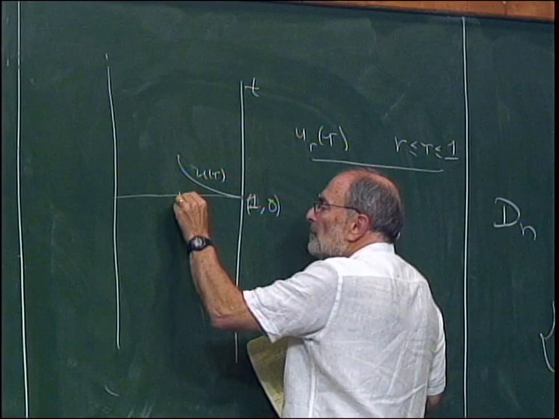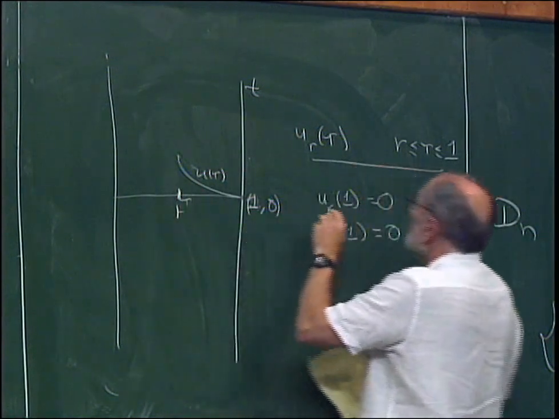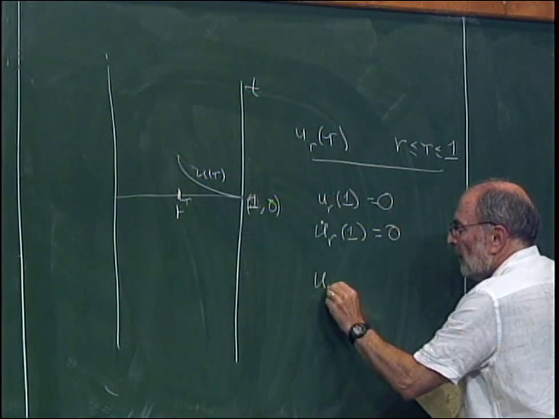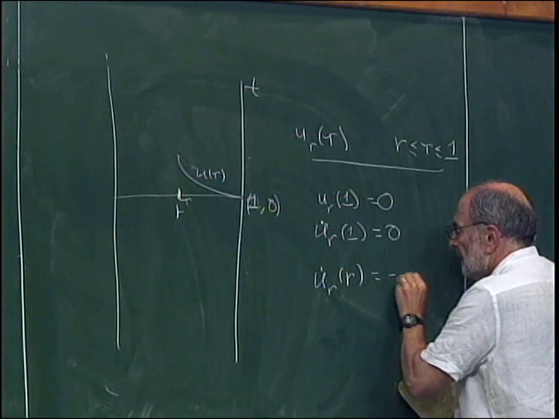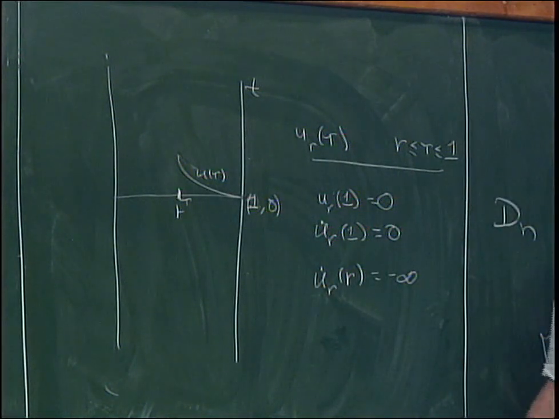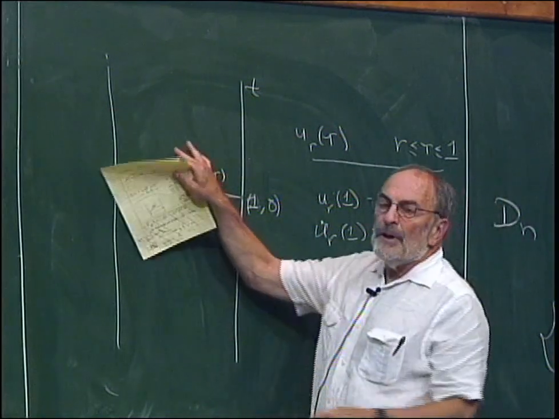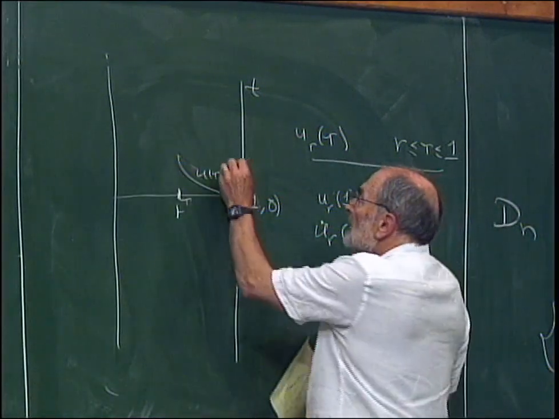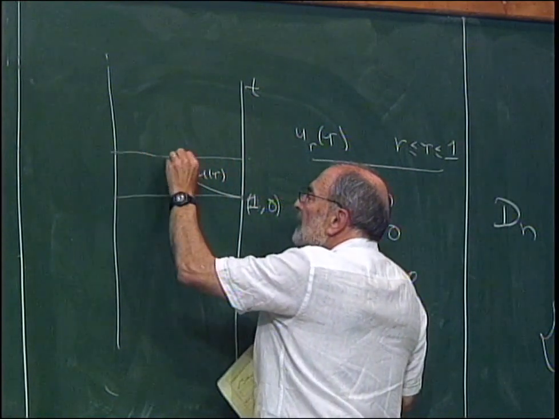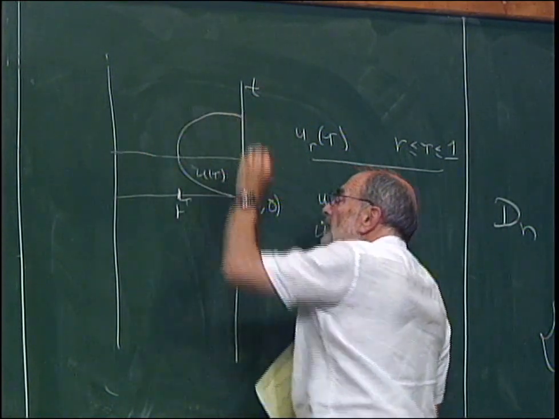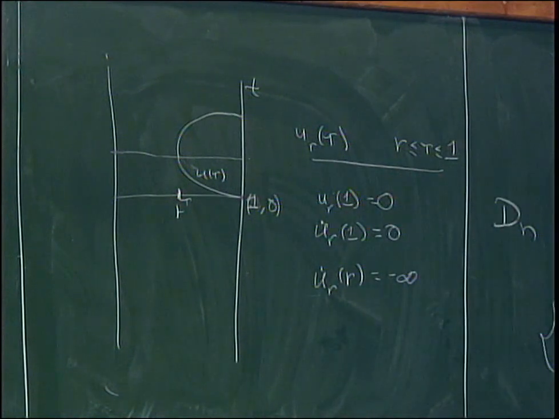And it blows up at r. So for each r, I have one that blows up at r. U dot of r at r is minus infinity. So this is a picture of what the geodesics are. Since these are totally geodesic planes, I can reflect. So that's a picture of a typical geodesic. Every geodesic is going to look like that.